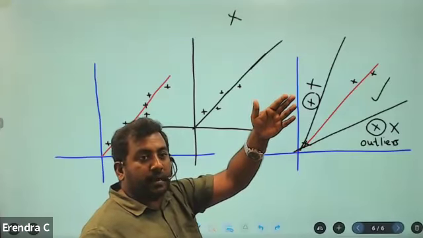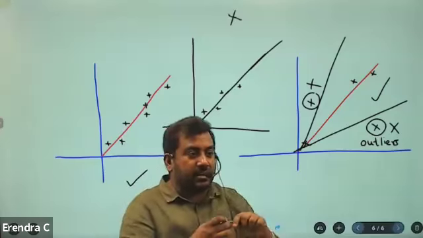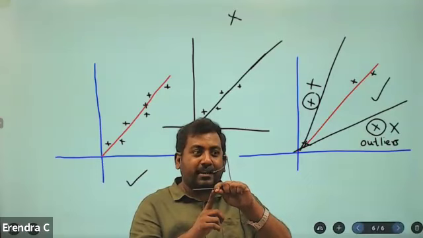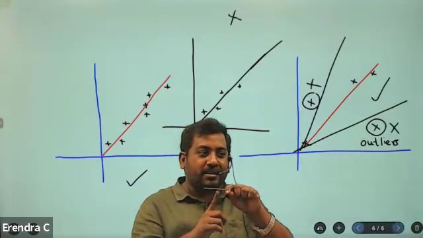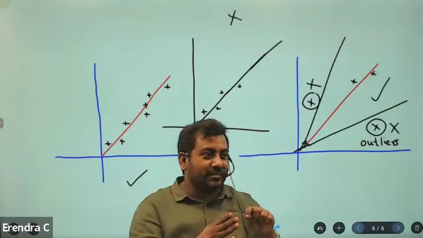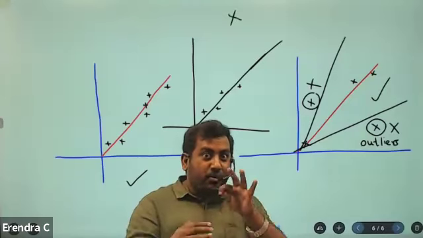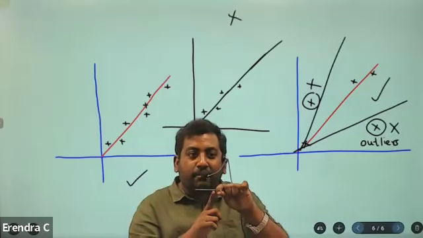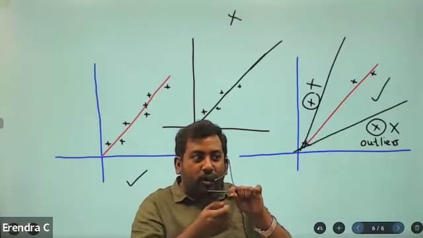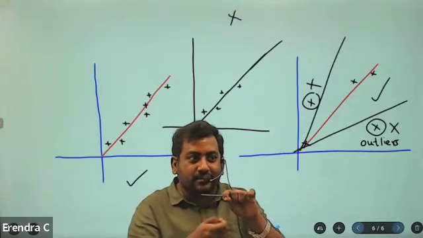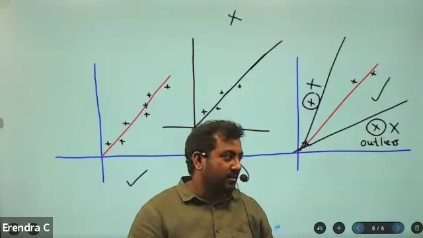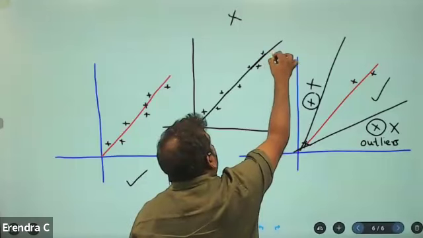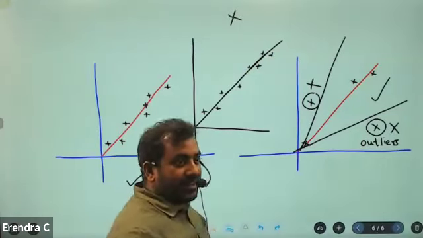Let's say you're doing this experiment, you always have to keep the ruler at the center of gravity. Maybe you forgot to keep it at the same location, maybe you got a different point. Every time you repeat the experiment, the knife edge should be at the center of gravity, because if you move it, the weight of the ruler also comes. Understood? So these are outliers. Don't worry much. Make sure that the remaining points are uniformly distributed.